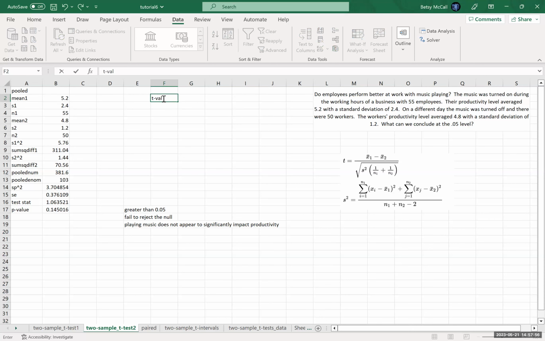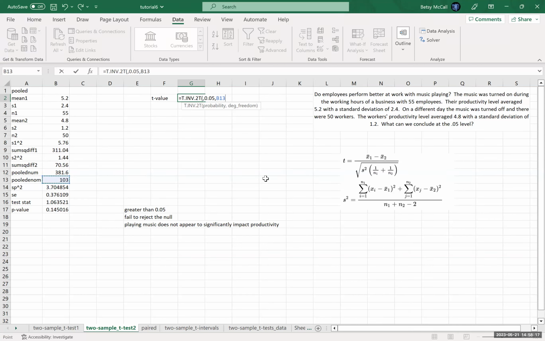Our t-value is going to depend on T.INV.2T. The probability, again, is the standard 95% confidence interval. And then the degrees of freedom is essentially this 103.